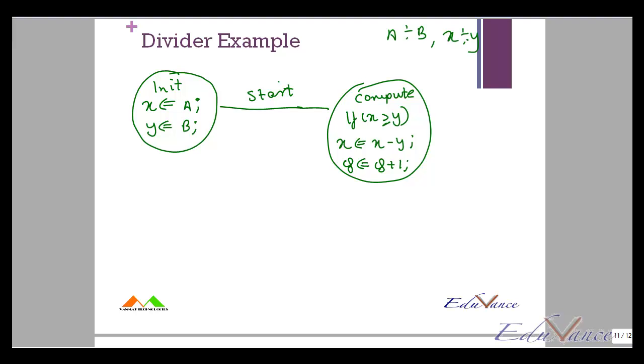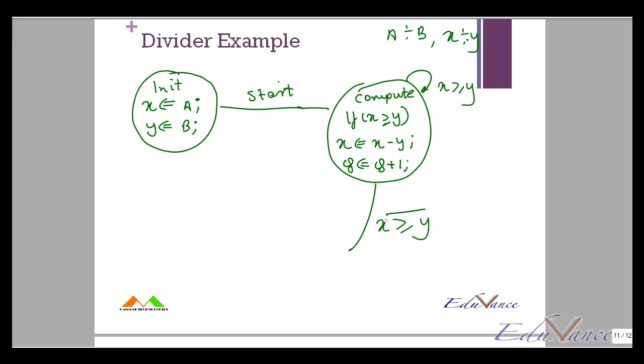Now, the condition would be that if my x is less than y, so if it's the opposite of greater than equal to y, so as long as my x is greater than equal to y, I keep doing this calculation.